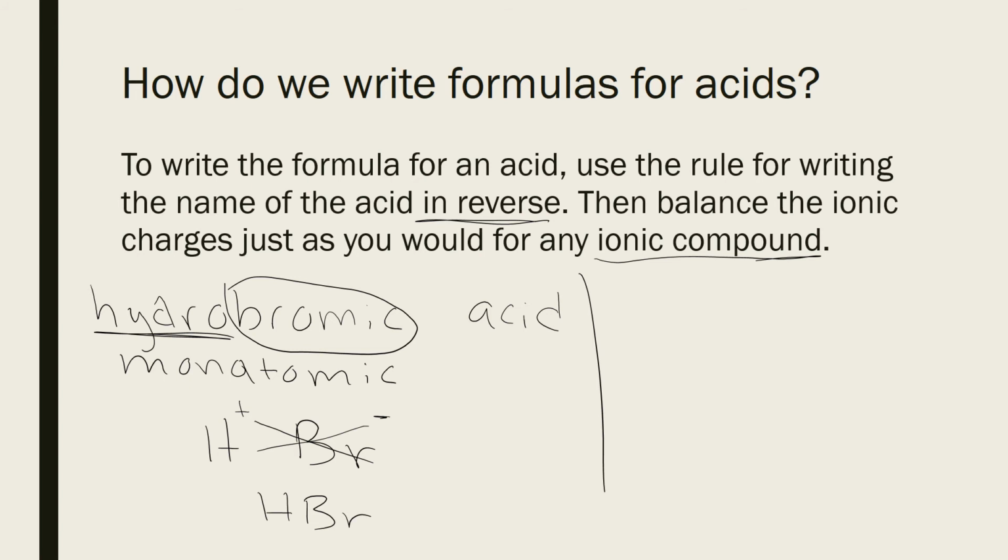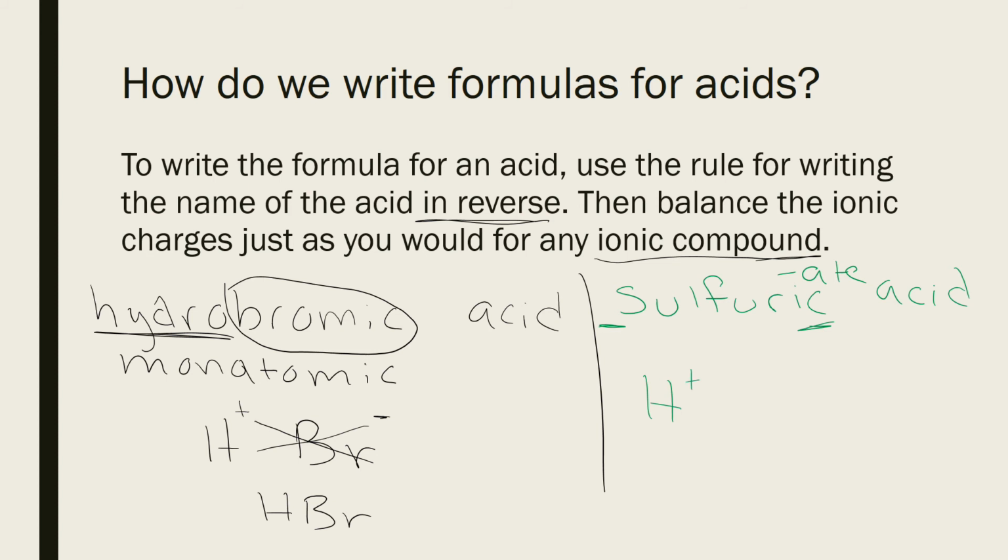Let's say you had sulfuric acid, one of my favorites. The ic tells you it's an ATE ending. So there's no hydro here, you know it's going to be a polyatomic ion. So you have H with the +1 charge.